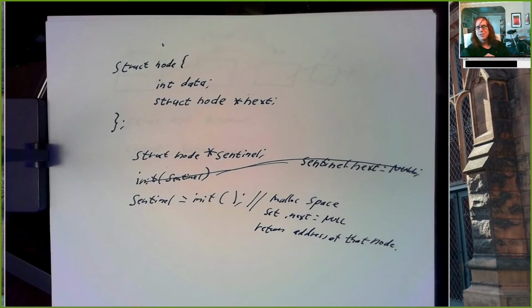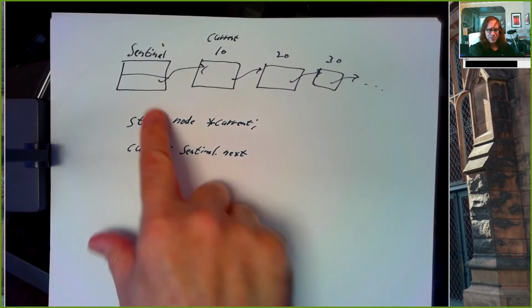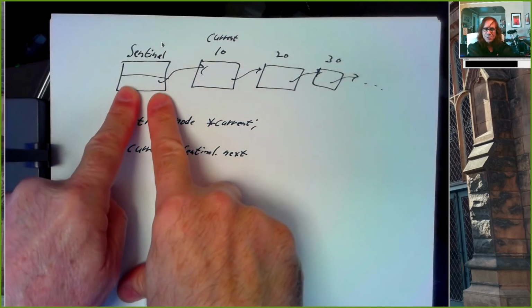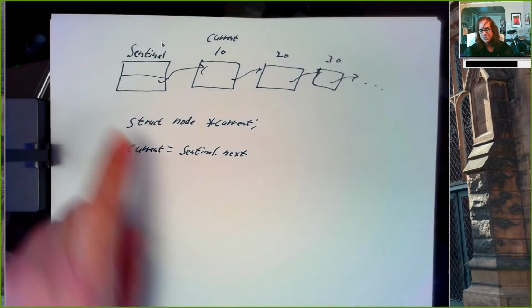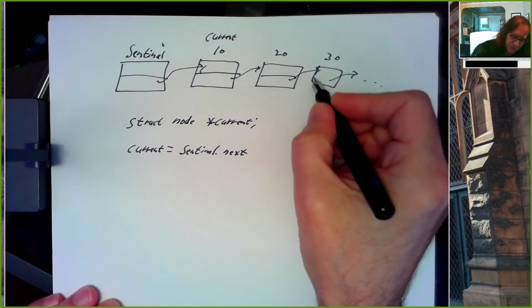And so this is what I said yesterday, we're almost always going to deal with pointers to struct nodes. The reason being, when we build up a linked list, each of these next fields is going to be a pointer to a struct node. So we'll have a pointer here, we'll have a pointer here, and so on.